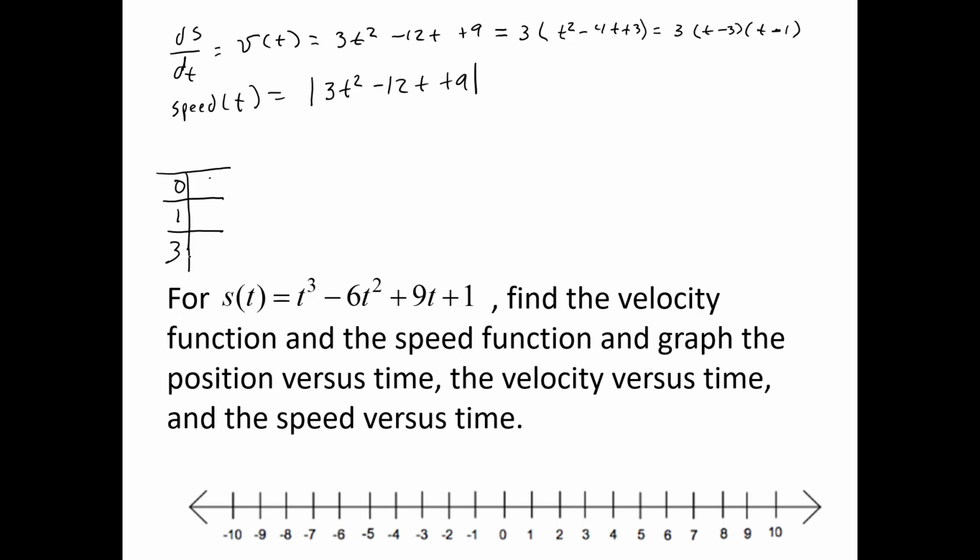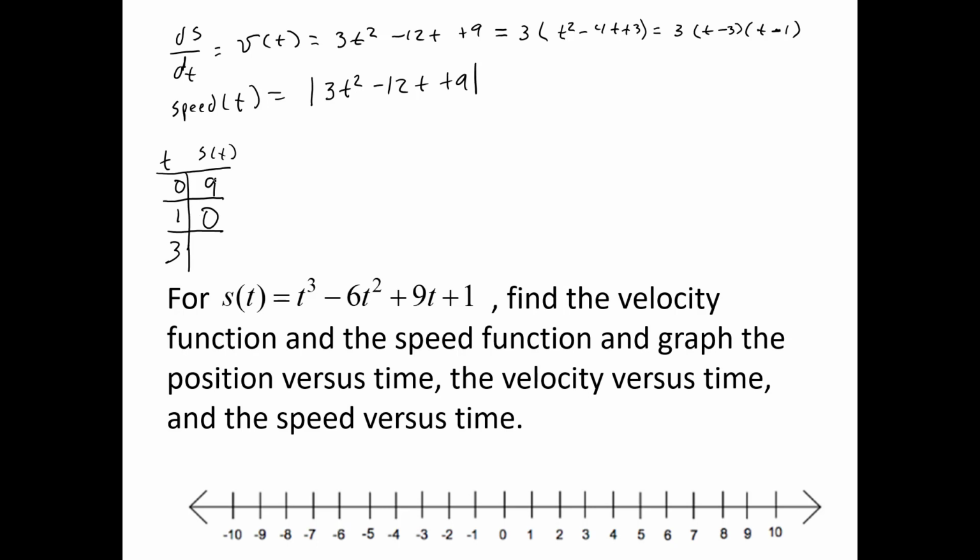Putting this into your calculator, don't forget to label your tables, t, s of t. If you put that into your calculator, oh, I'm sorry, I put in the wrong one into the calculator.